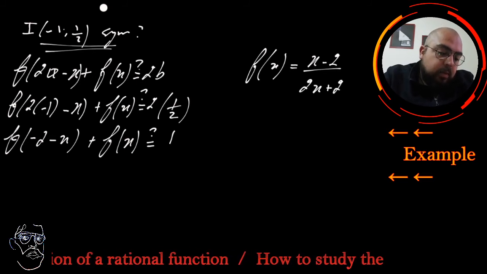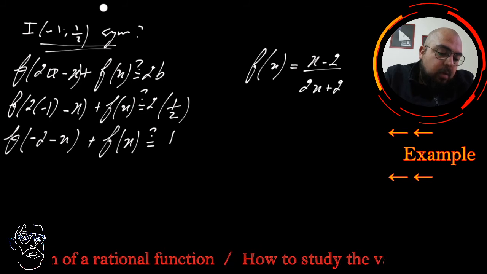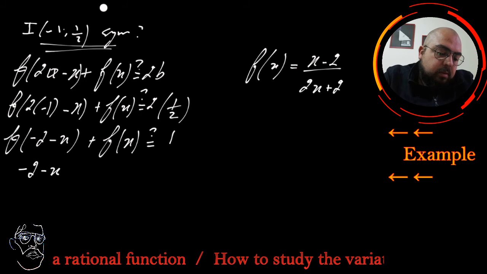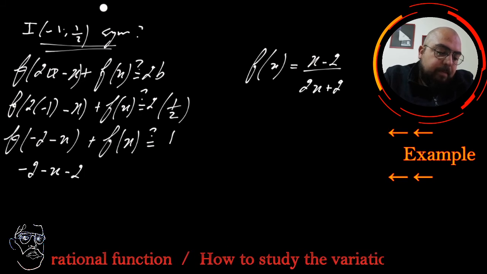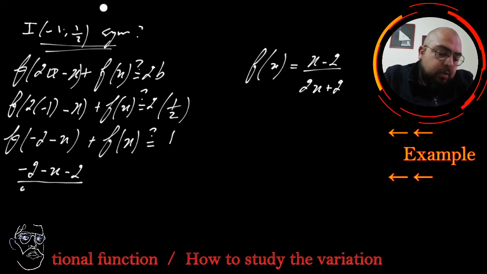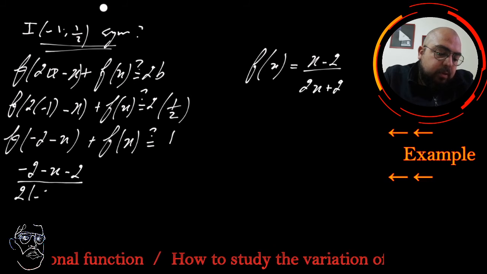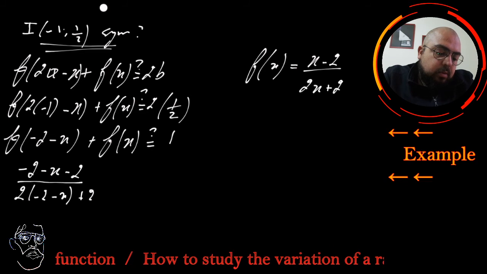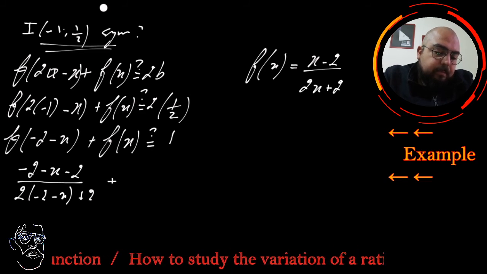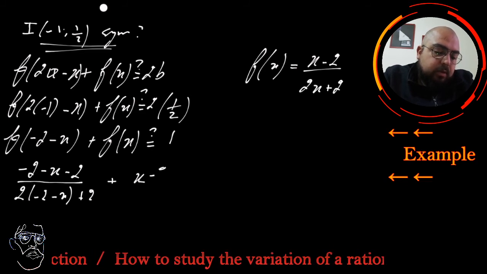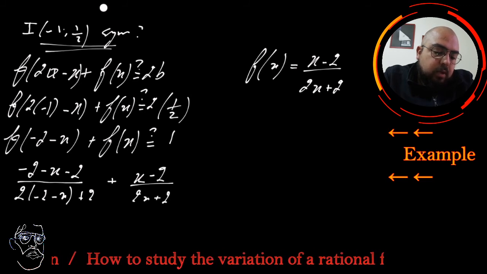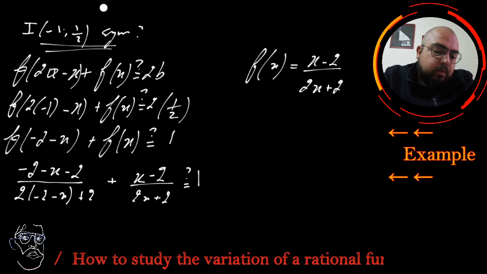So it will be minus 2 minus x minus 2 over 2 times minus 2 minus x plus 2, plus f of x, which is x minus 2 over 2x plus 2, is it equal to 1?